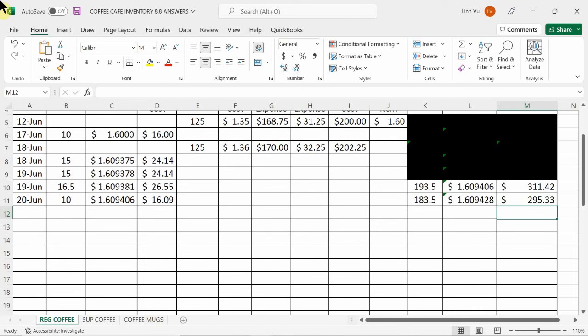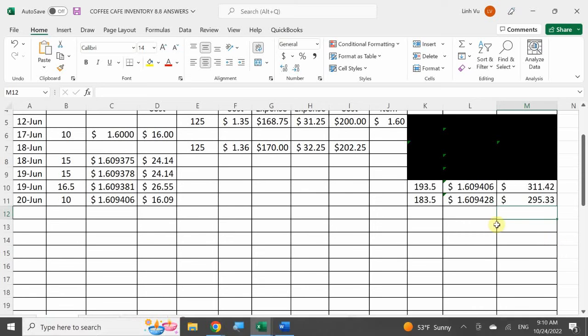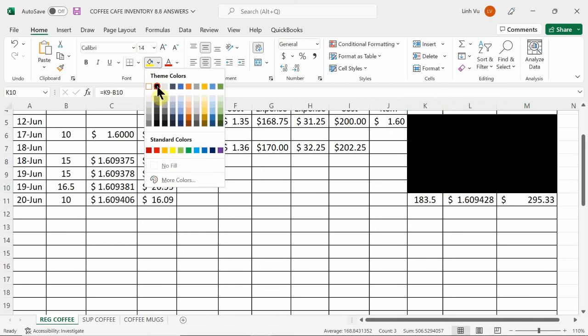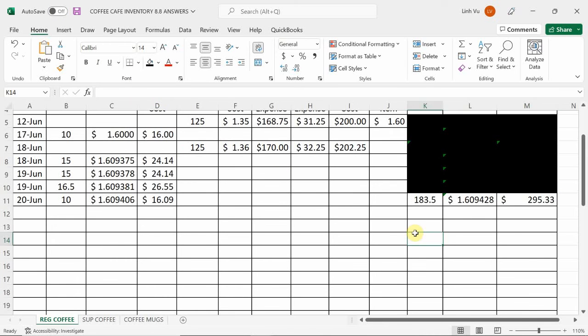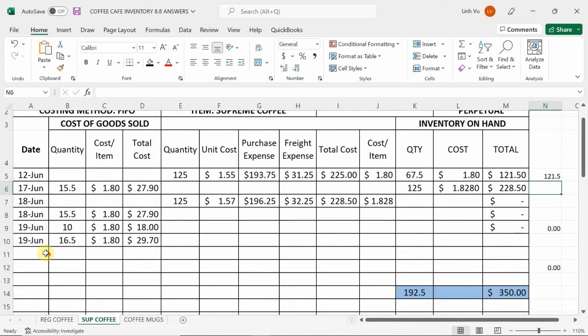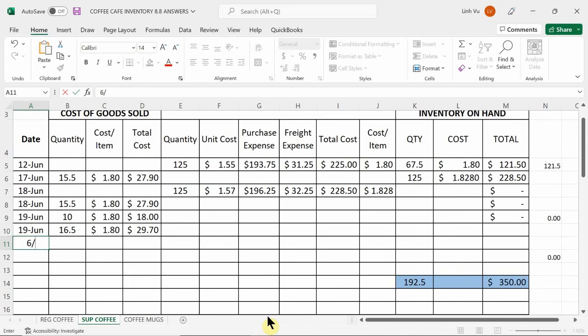If you calculate it right, take your total cost divided by your quantity, you're going to get 1.609428. Good. Now I need to go to my Supreme Coffee. Sold 10 pounds.